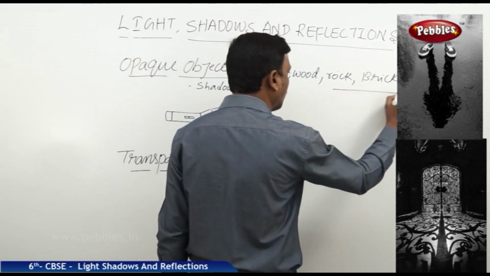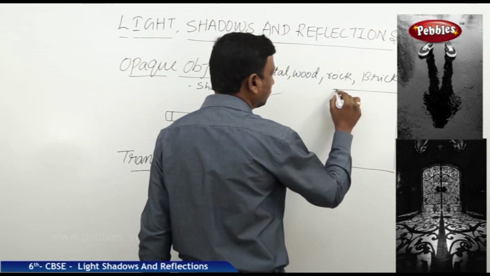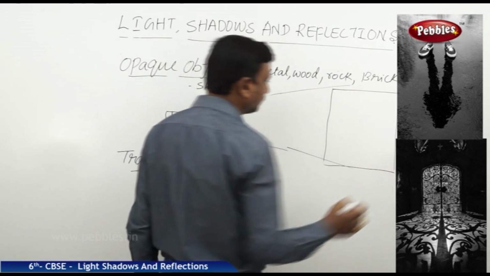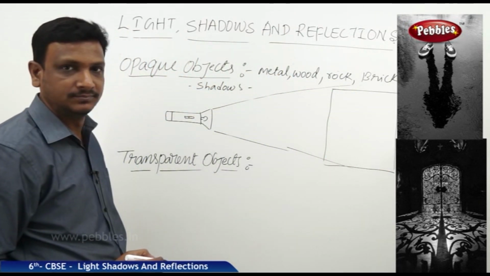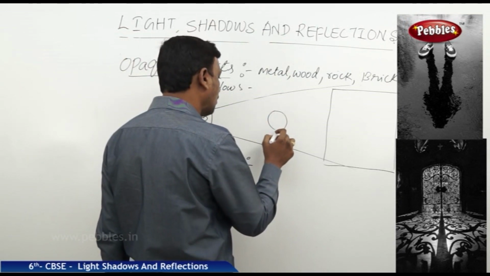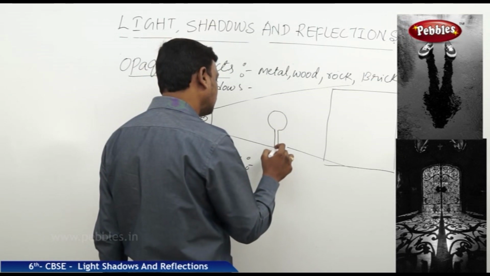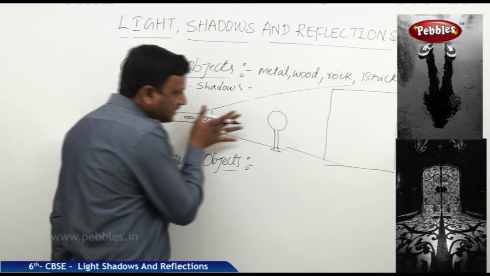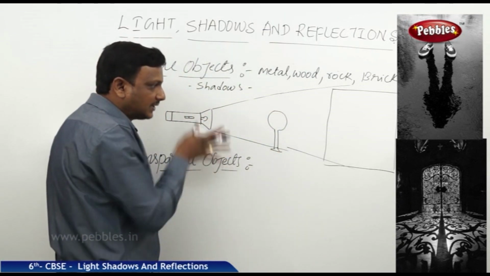Here I have a cardboard fixed. The light falls here. I can see the cardboard white in color. Now I am placing a circular board with a stand like this. I kept it here. As the light is falling here, there is an obstruction in the path of light.